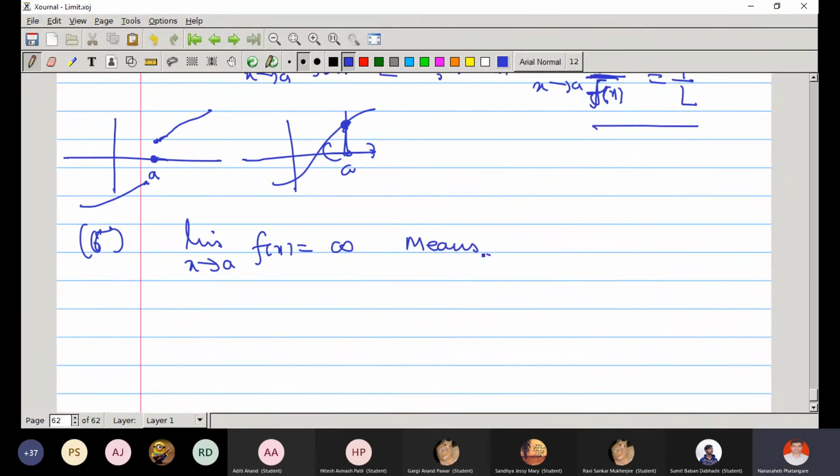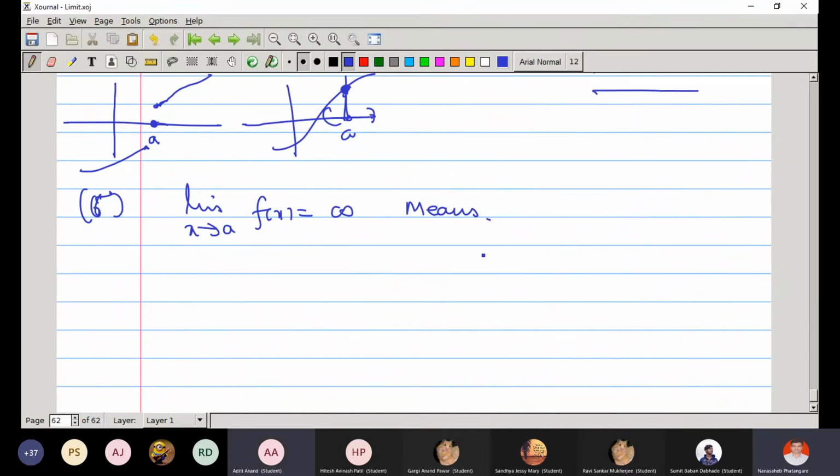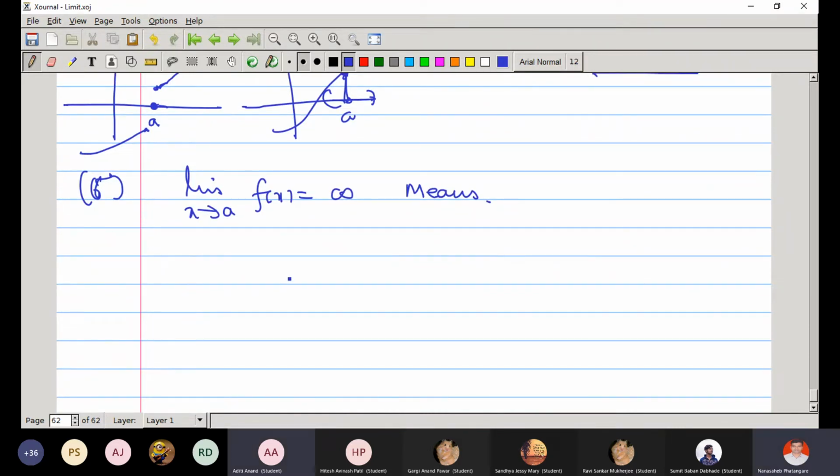What do you mean by the limit of a function at some point being infinite? That it diverges to infinity. Ah, means what? In the epsilon delta definition, how to understand this, how to mathematically visualize this?